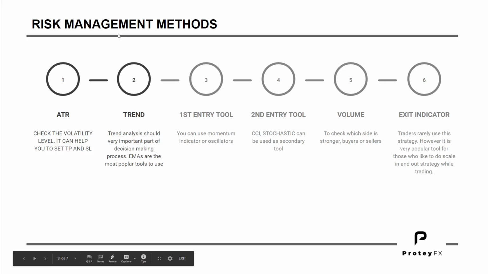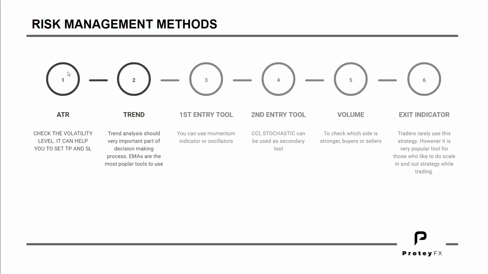We can simply divide the steps into 6 steps. The first step is checking the volatility of the market. For this you can use the average true range, and the second step is the trend. So these 2 things are important, so in this part of the video we'll be discussing these 2 things.